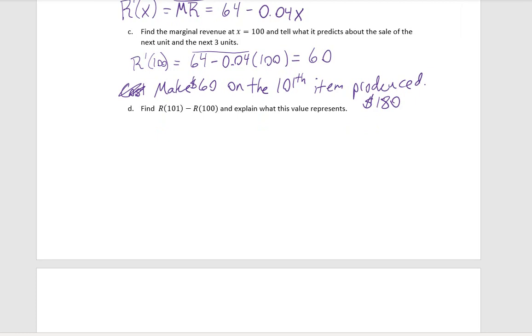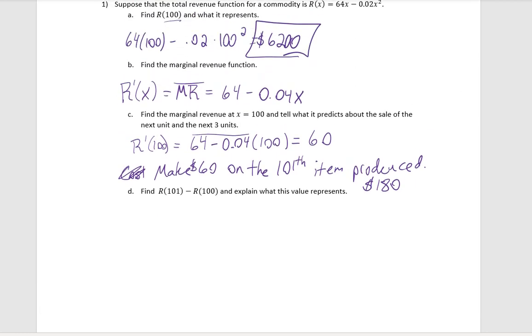Now, we want to see how good that actually is. We want to say, hey, did I actually make $60 on that 101st item? So we're going to take the revenue we made from the 100th item and the revenue we made from the 101st item and subtract them and see if that matches. So we're going to take R of 101 minus R of 100.